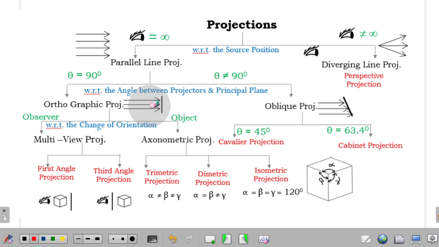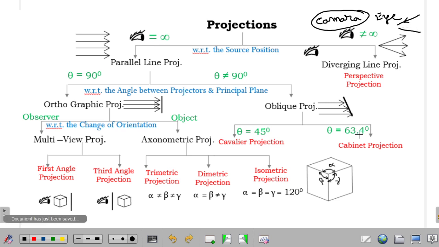Or we can consider the best example as the lens of a camera. Whatever our human eye observes, the objects are at finite distance, and the rays are going to be converging. But if you consider the opposite direction, it is diverging.